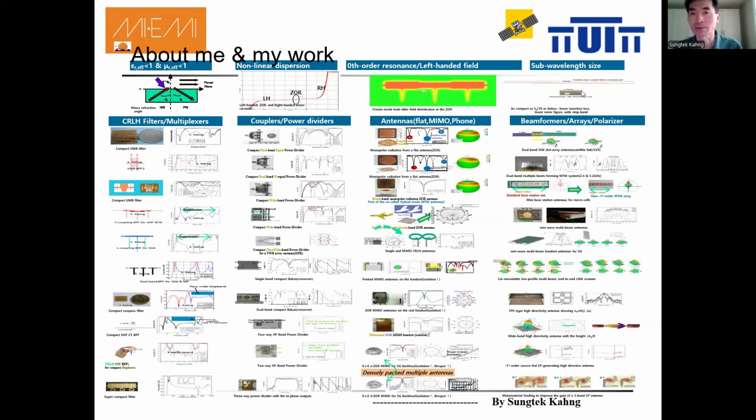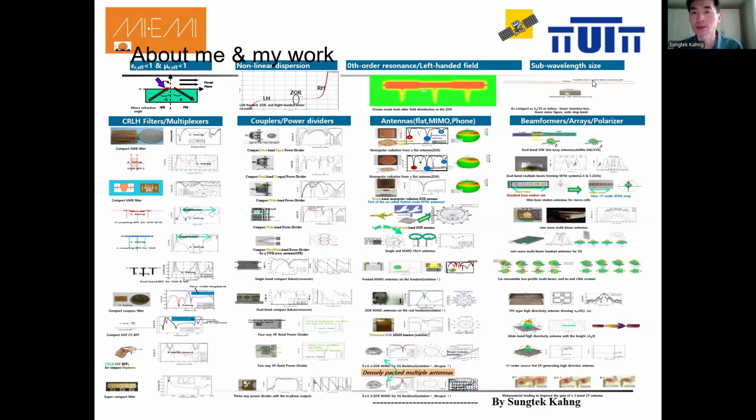Comparing my CRLH, or composite right- and left-handed, filter for 120 megahertz, it is much smaller than that of the edge-coupled filter for the same frequency.